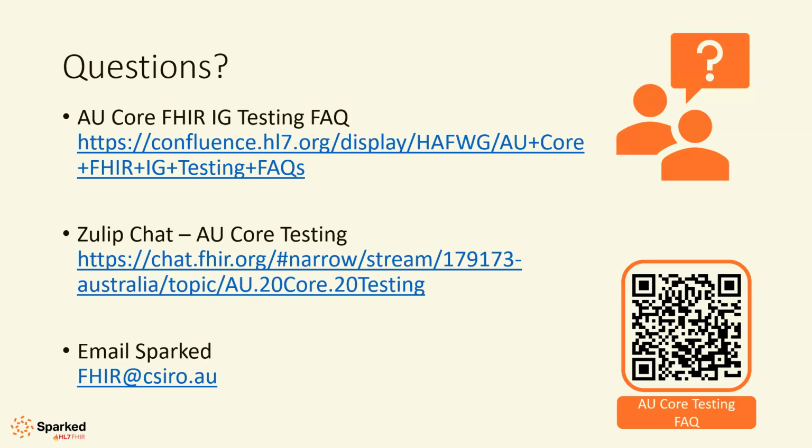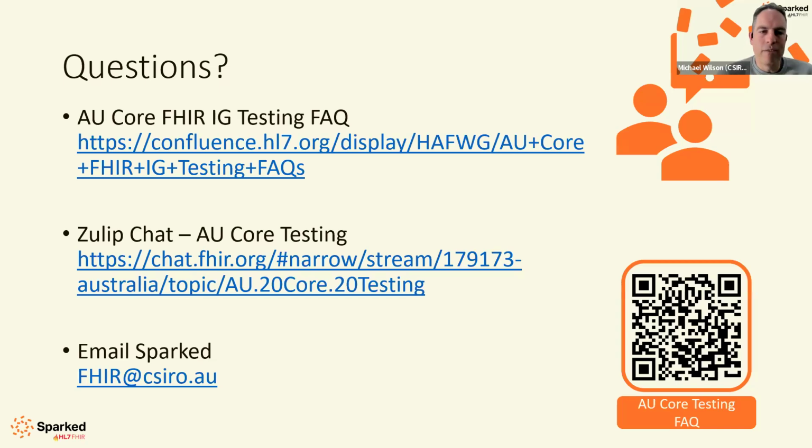On the testing days, I was just trying to understand the prerequisites for the interaction testing. We have a facade system that's based on AU Base right now. Would the expectation be that we would do development work ahead of the testing day to implement AU Core, or would it be more on the day?